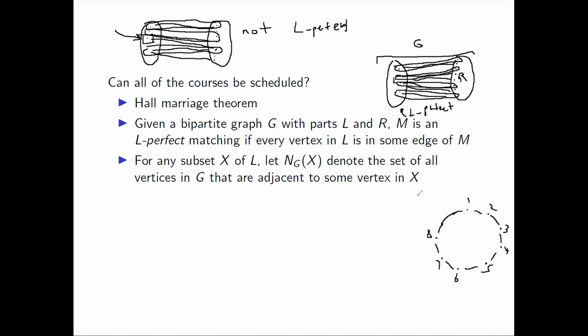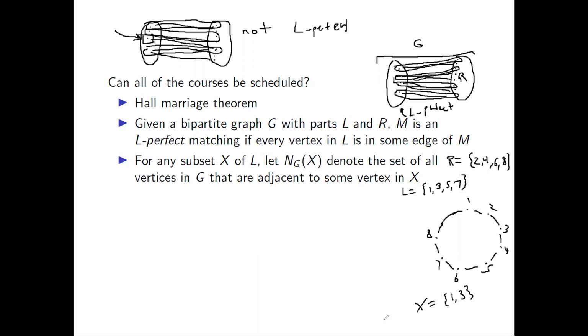So we can take our L set to be 1, 3, 5, 7. And we can take the R set to be 2, 4, 6, 8. And we'll take a subset of L. We'll say let X equal 1, 3, for example.